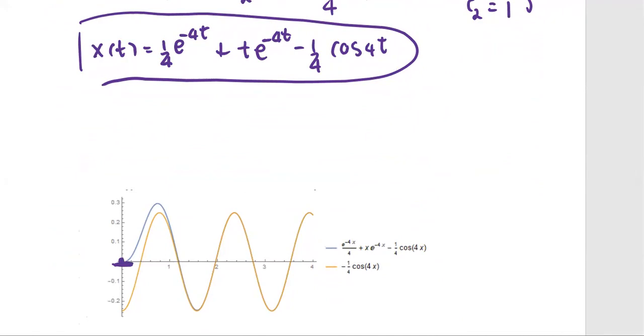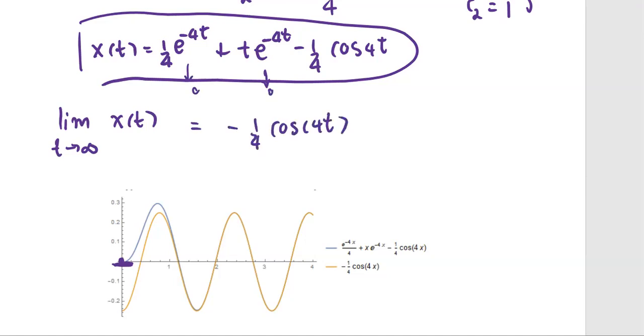Then it goes up and down, and eventually it follows the cosine graph, because when you take the limit as t approaches infinity of x of t, the exponential terms go away, and the limit will be negative 1 over 4 cosine of 4t. So it will eventually follow the yellow curve here. In the long term, it will oscillate like the cosine graph.